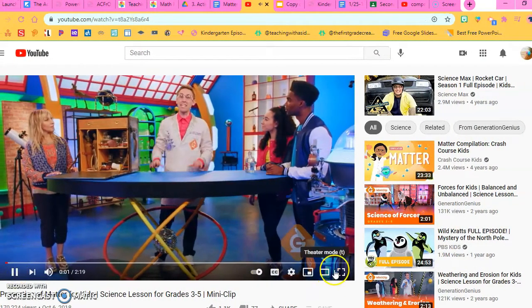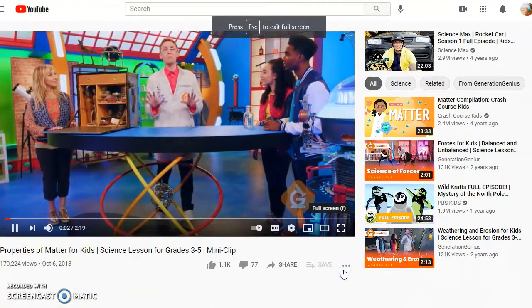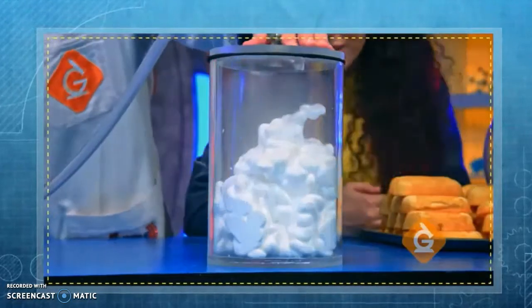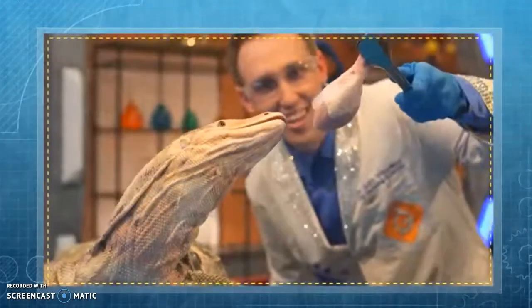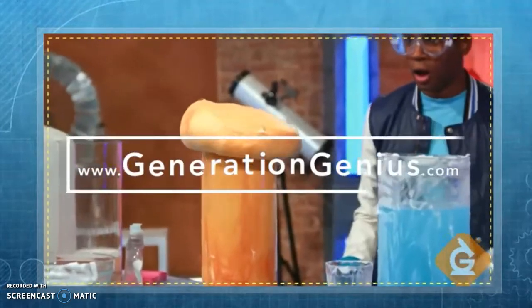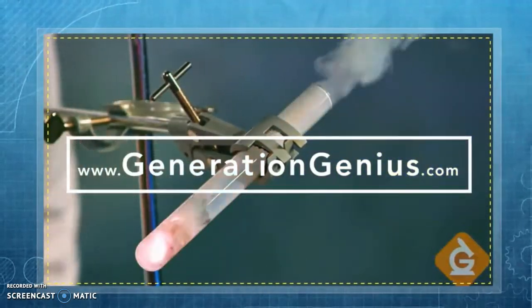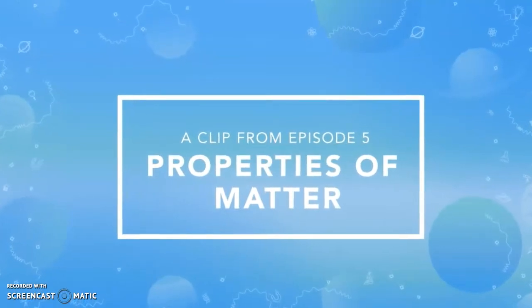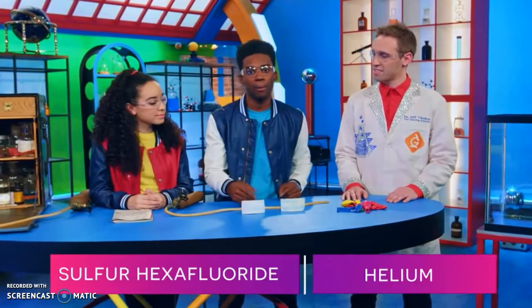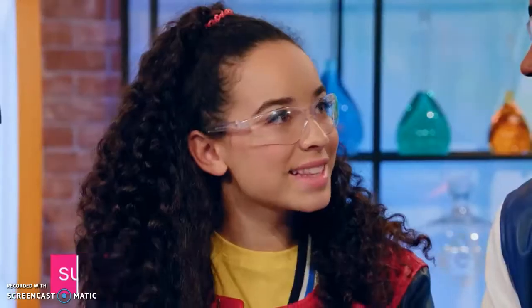I'm Dr. Jeff Inniker, and today we'll explore the science behind the properties of matter. With Dr. Jeff! One of these gas canisters is sulfur hexafluoride. The other is helium. Well, we don't know which is which. Let's test them.